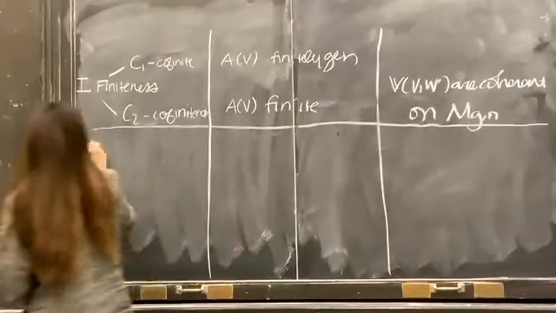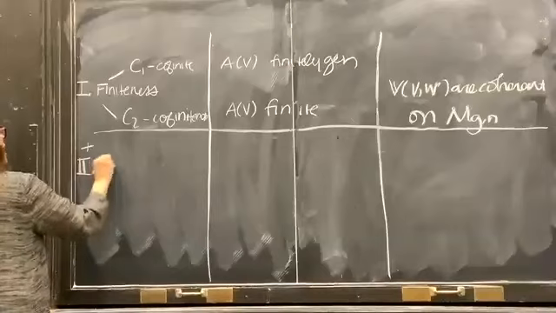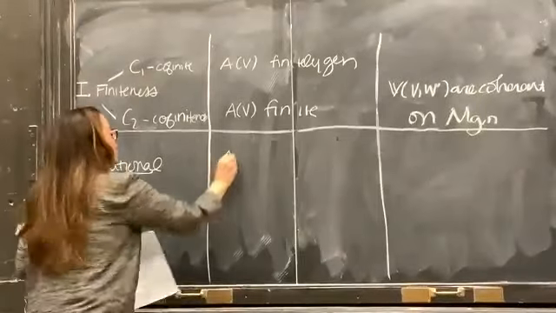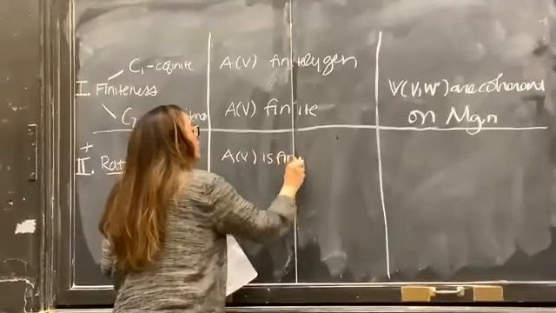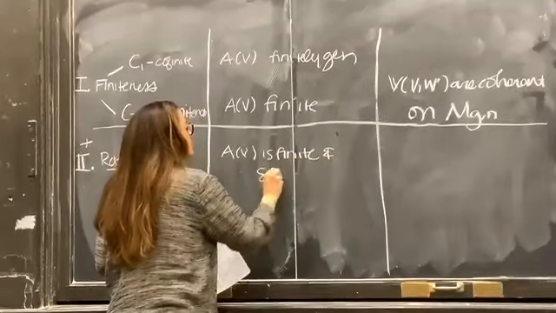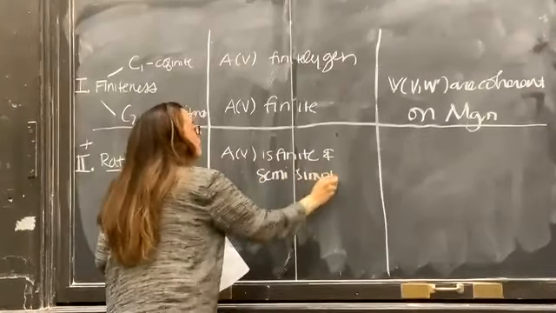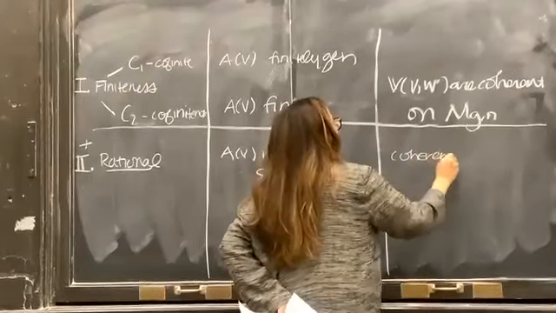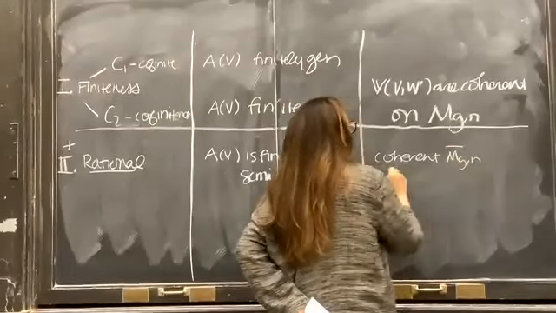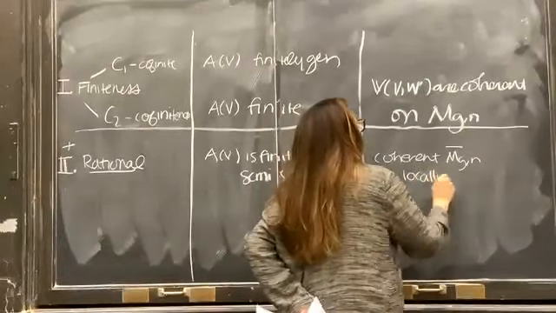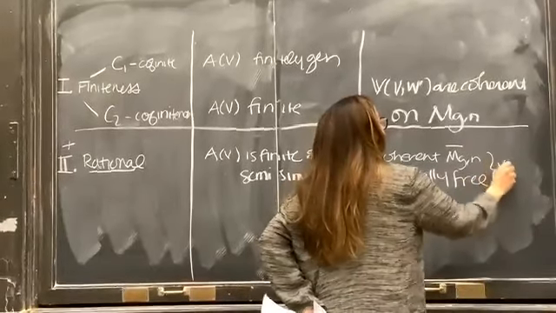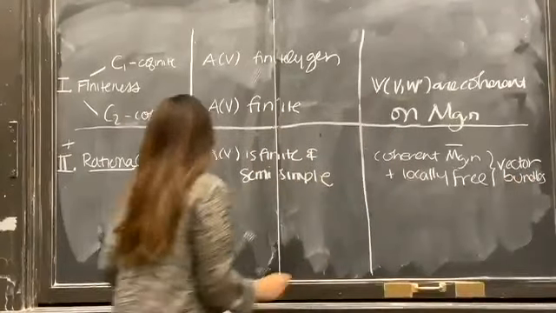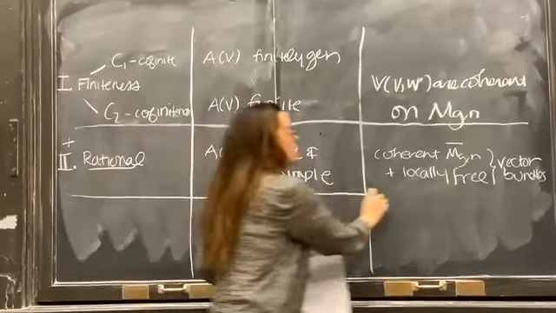So if we add a little bit more, adding to the finiteness, if we say that these are rational, and this is not rational like in our world, but if A(V) is finite dimensional semisimple, then these are actually coherent and locally free. So they're coherent on all of M-bar, plus locally free. So these are vector bundles. But these vector bundles really behave very nicely with respect to the moduli space of curves.